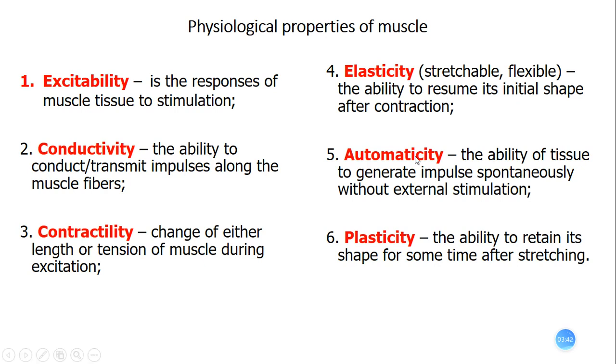And we have automaticity, and this one is especially for cardiac muscle and smooth muscle, and they have the ability to generate impulses spontaneously without any stimulation from our nervous system. They can contract automatically. And plasticity, the ability to retain its shape for some time after it is stretched.